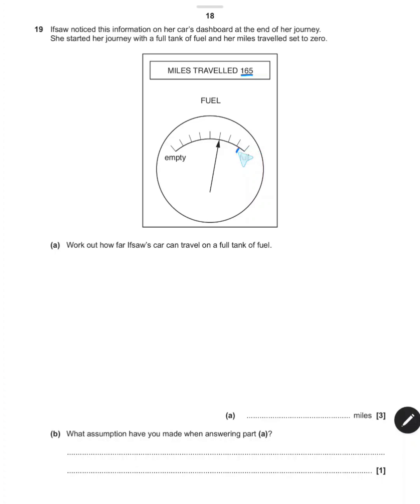So there's 1, 2, 3, 4, 5, 6, 7, 8 parts in this bar, and we've used 1, 2, 3 of them. So we know that 3/8, that's how much fuel has gone, and that must be worth 165 miles.